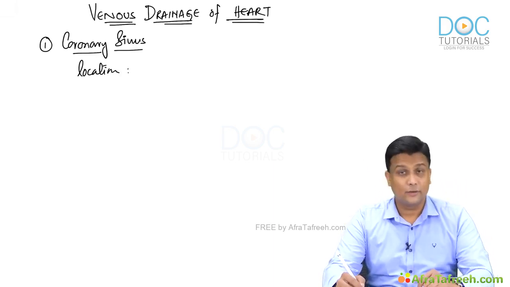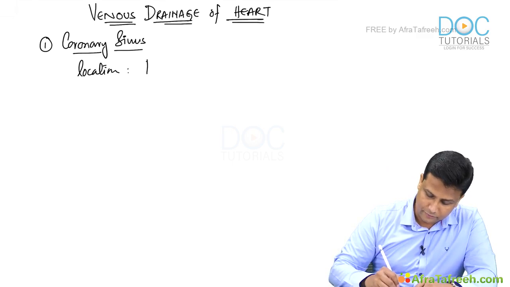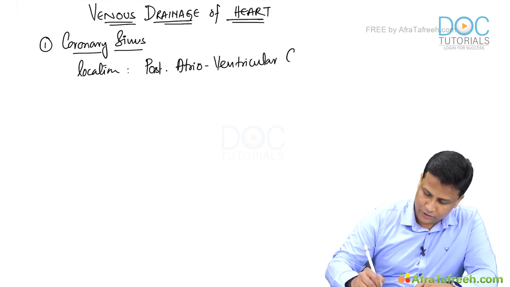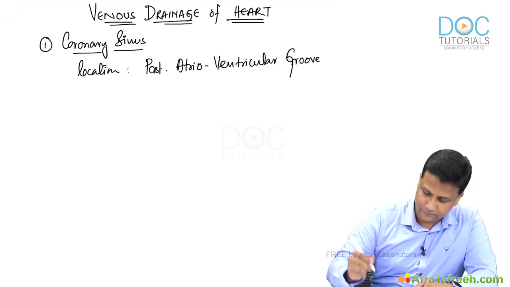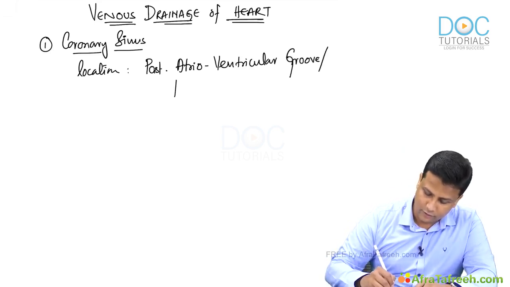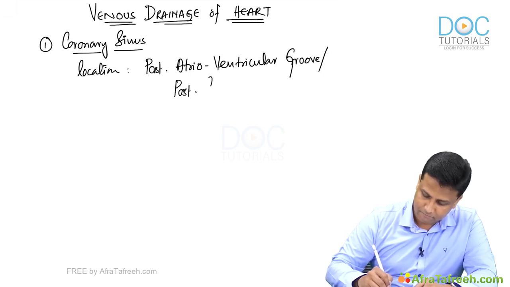So where is the coronary sinus located, sir? It is located in the posterior atrioventricular groove. Posterior atrioventricular groove, guys. Okay. And I want you all to remember one more name for this one. It is also known as the coronary sulcus. So it is the posterior coronary sulcus.